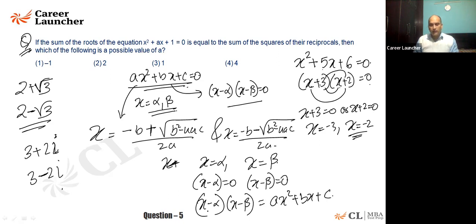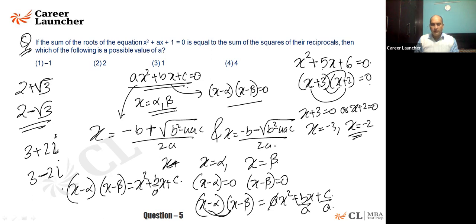No, this is not correct. The reason is here the coefficient of x square is plus 1. So what I'll do is I will divide them by a. So I'll get x minus alpha into x minus beta is equal to x square plus b by a x plus c by a. Is it fine?